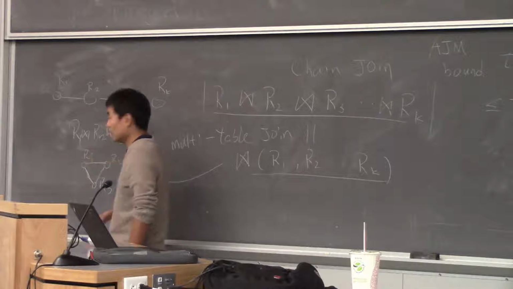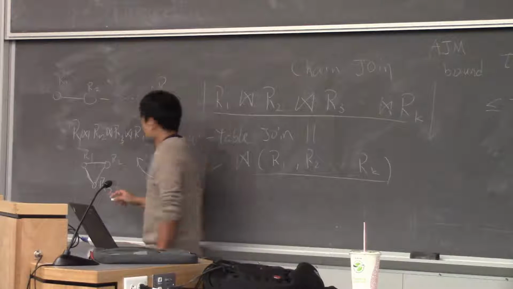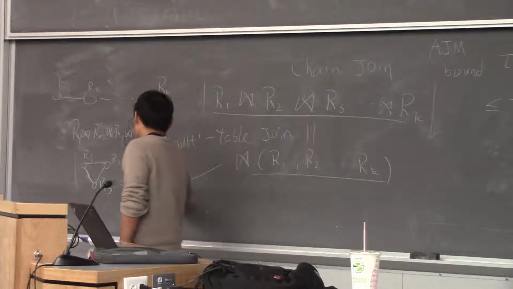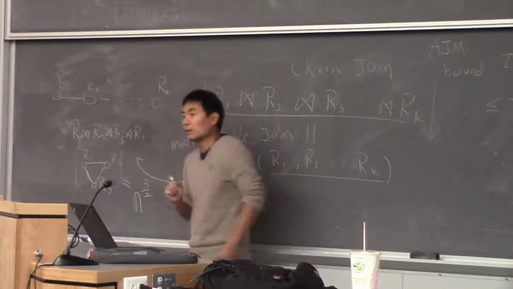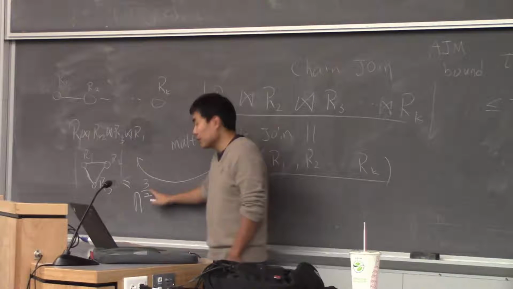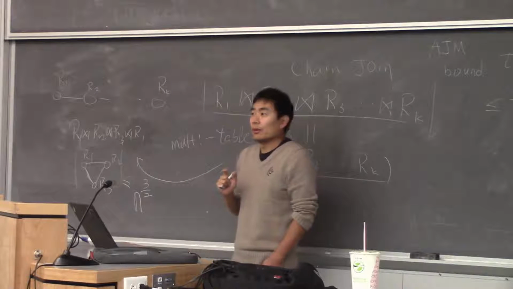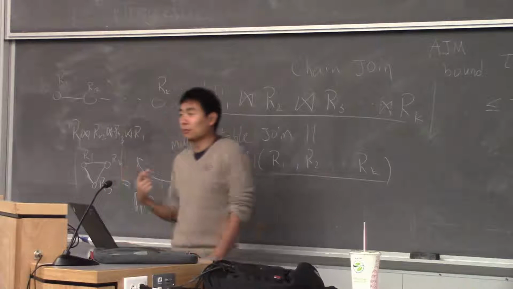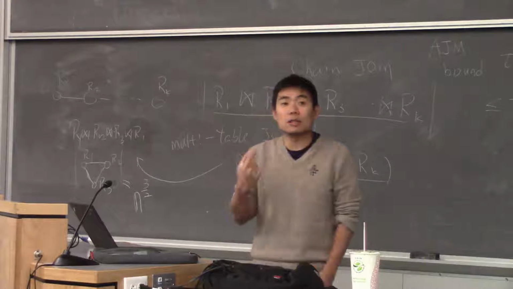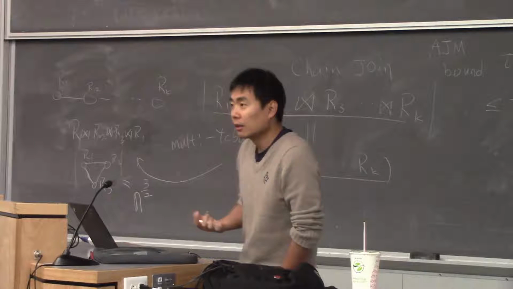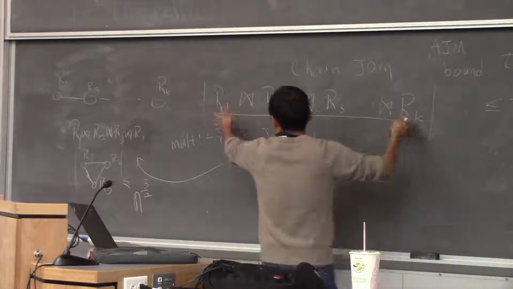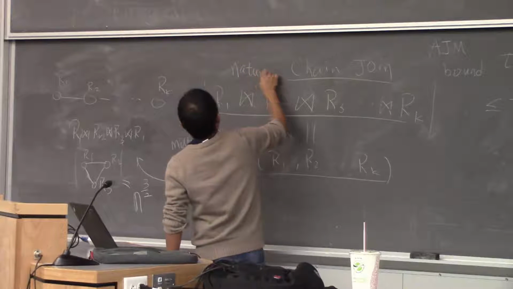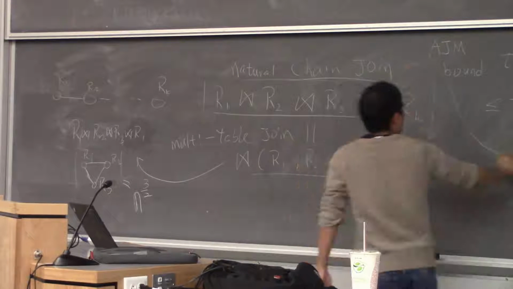Essentially, the bound for this is this: N to the power of 3 over 2. What's that? The upper bound on the size of this object, suppose each relation has size N. But for a natural chain joint, yes, in the worst case, you get this one.